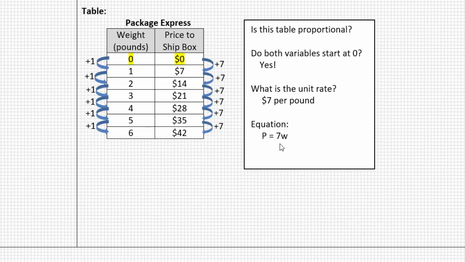Your variables might be different, but the price that we have to pay to ship a box or package is equal to our unit rate of 7 times the weight of the package. So price equals 7w. Again, you might have used different variables, but your setup should be the same.